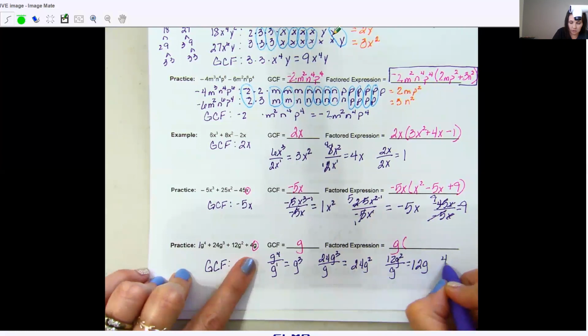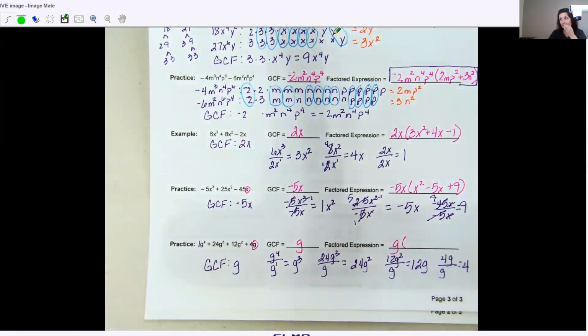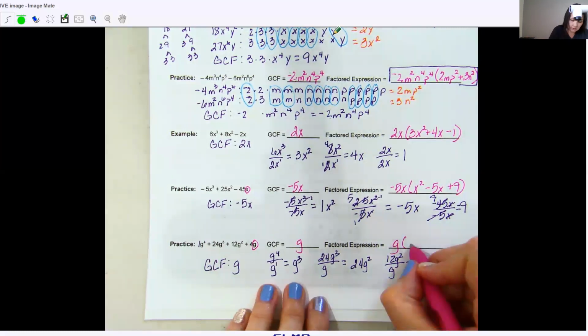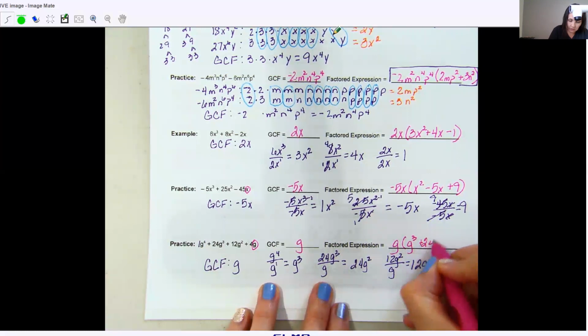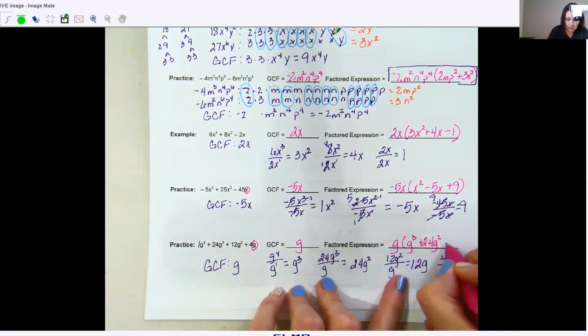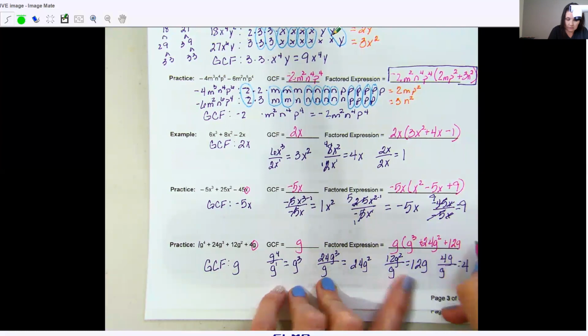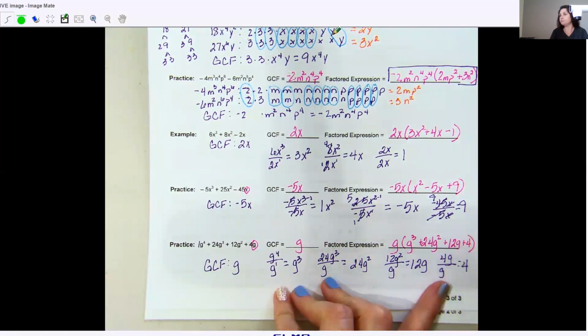And then 4g divided by g just gives you a 4. So then I just write all of these terms: g cubed plus 24g squared plus 12g plus 4.